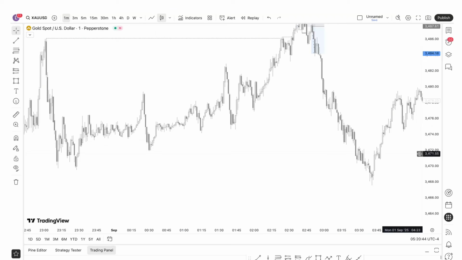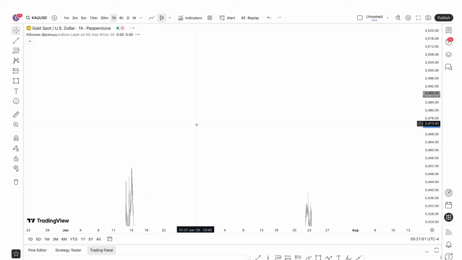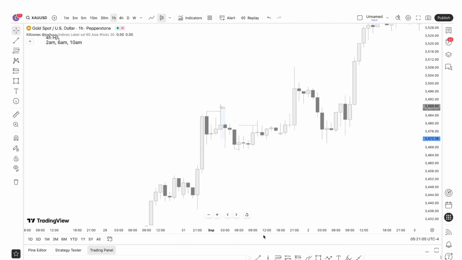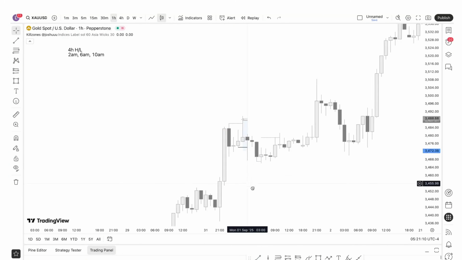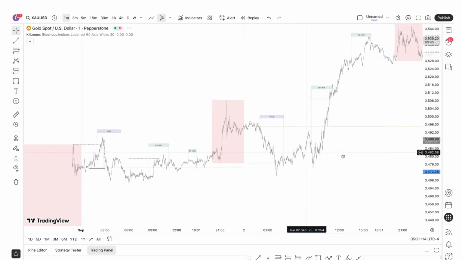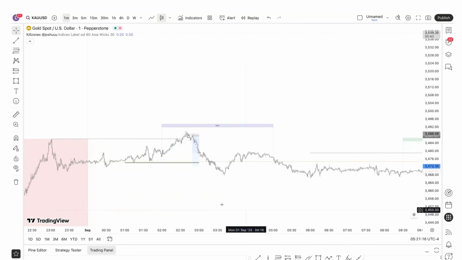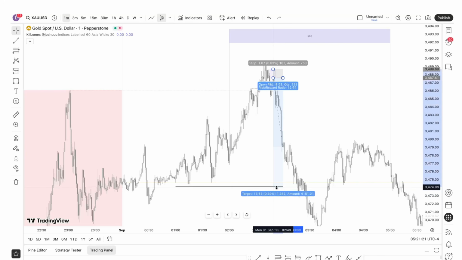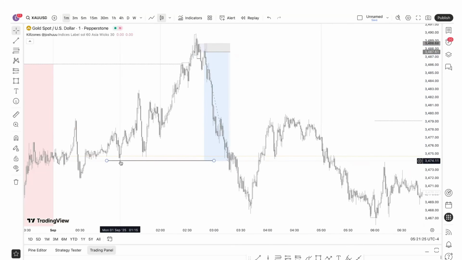It would be the previous 1 hour low, right over here. If we see, this is the previous 1 hour low, right? So let me zoom in. This is what we were targeting. Yes, this will be my target, the recent 1 hour candle's low. So this was my 1:13 trade.